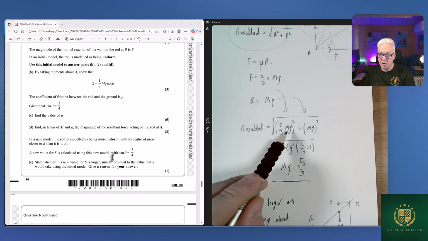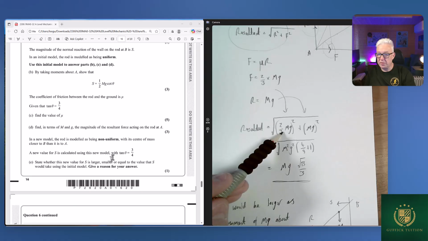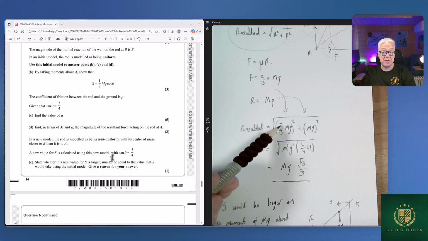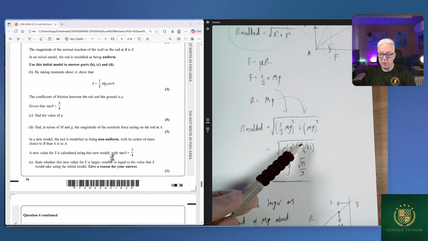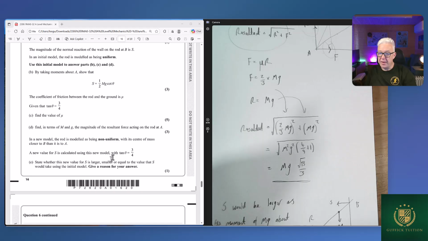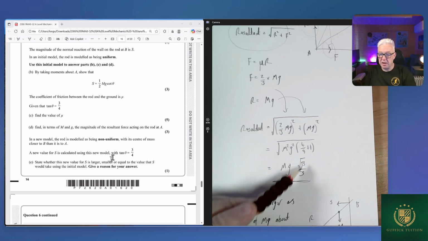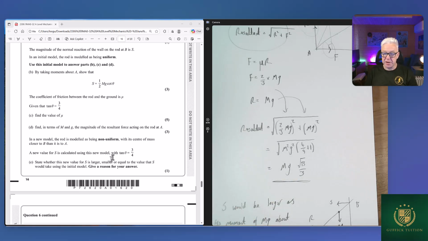So we can take out a common factor of m squared g squared, and that would leave us with 2/3 squared add 1 squared. 1 squared is 1, 2/3 squared is 4/9, 1 add 4/9 is 13/9, and then we've got to square root this whole thing, so we get mg root 13 over 3. And that's the answer for our resultant force. Our resultant force is mg root 13 over 3. Okay, perfect. Right, that was quite nice.